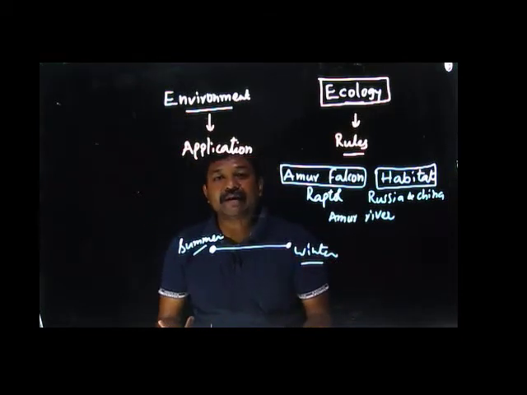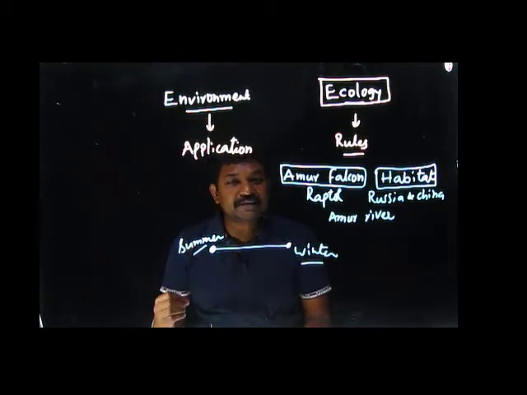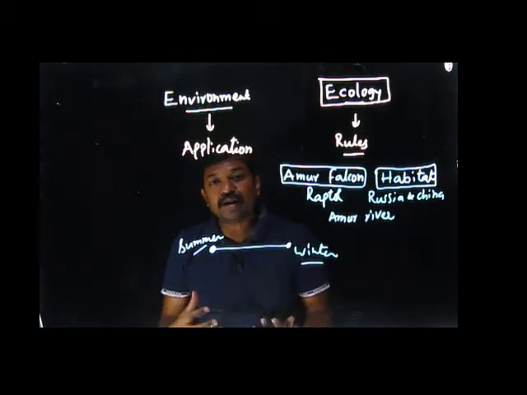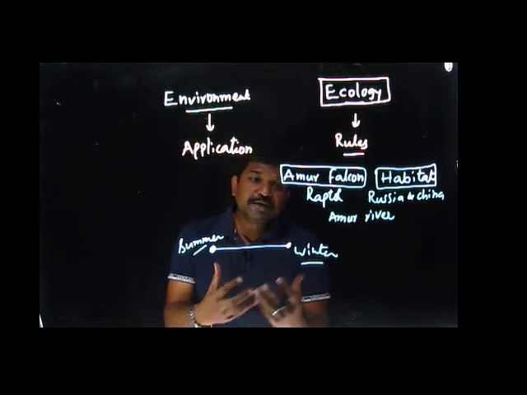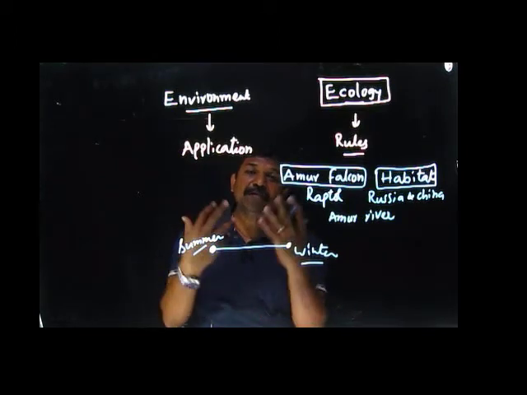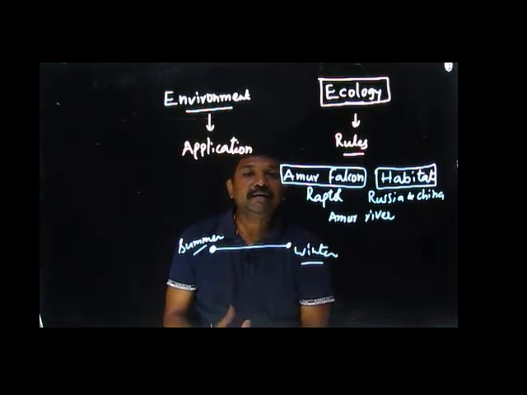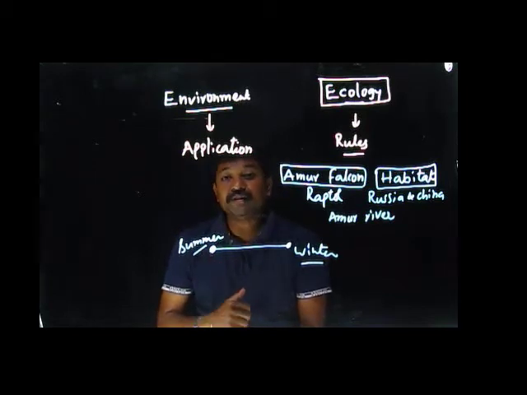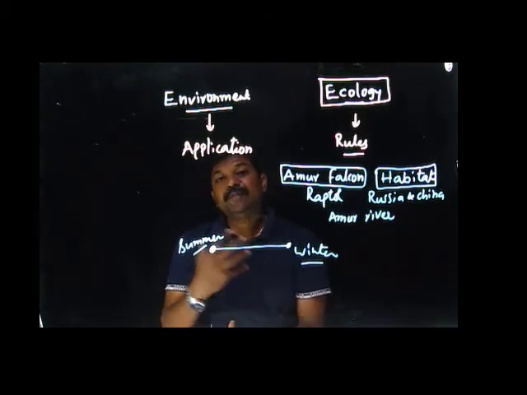The best example, again, is the Siberian cranes. The cranes present in the Siberian region are very well accustomed to the summer season, where mild climatic conditions are there, but in the severe winter they can't stay there, they will be migrating.